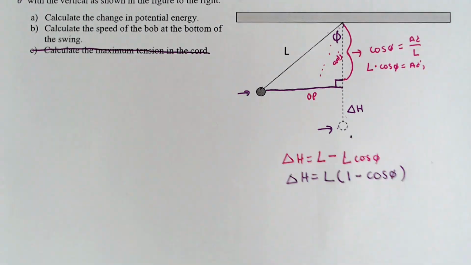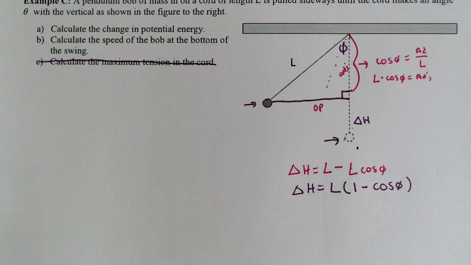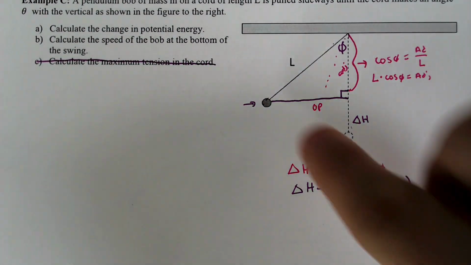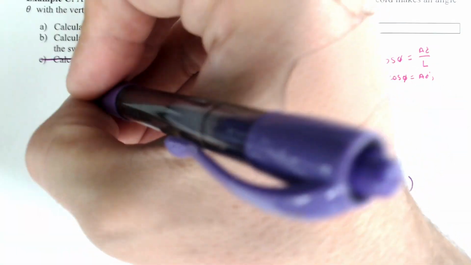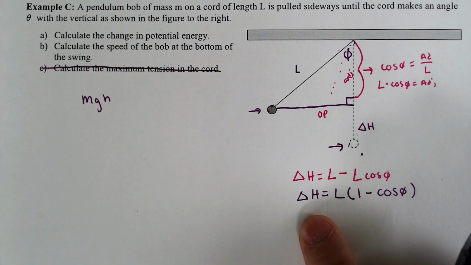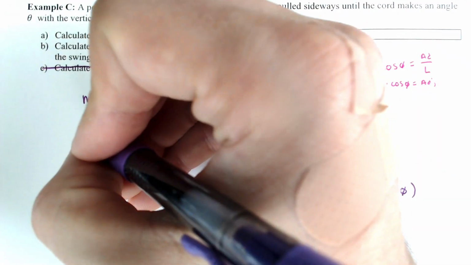Now calculate the potential energy at, let's go with the dot right here, but it really doesn't matter. For the change in potential energy we need mgh, and we just found our change in height. Our mass we don't know.